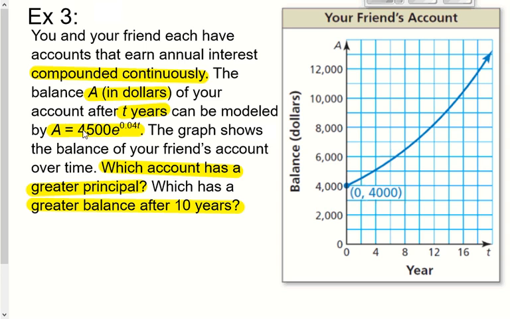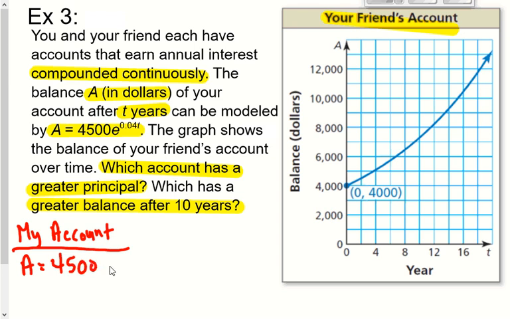Our equation is given in the problem, and then your friend's account is right over here in the graph. So there's a couple of things to look at. First, let's just look at information for my account. So for my account, we're going to go ahead and write down the equation. A equals 4,500 e to the 0.04 t.